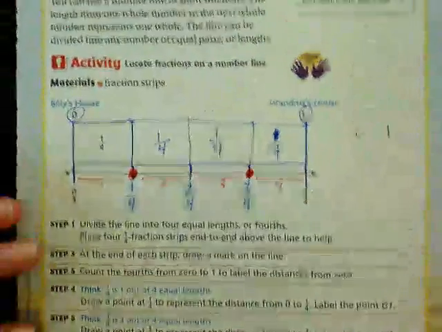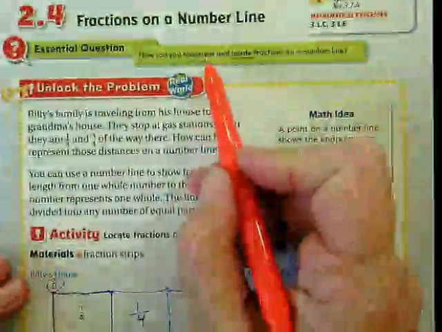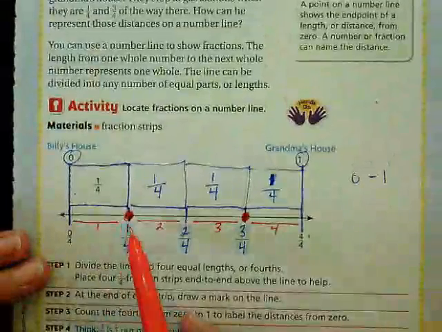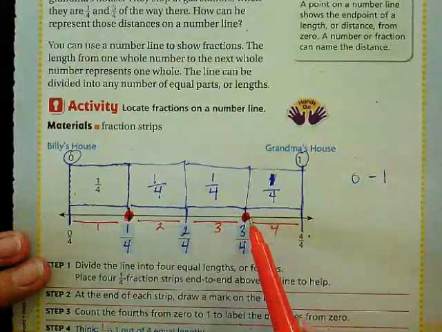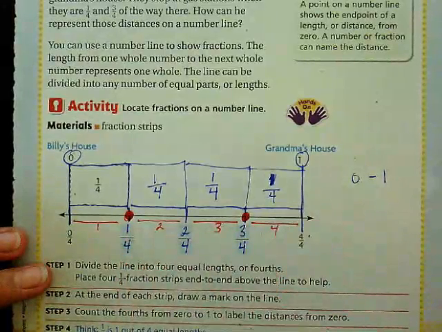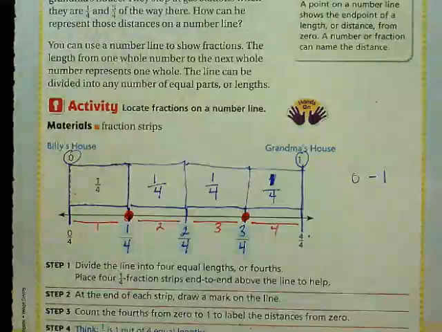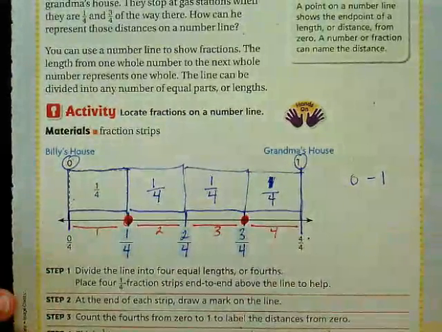So now I am representing, remember from our essential question, represent and locate. We have located the spots where Billy's family stopped for gas stations, and we have represented them with a dot on each spot. This is how we do fractions on a number line.